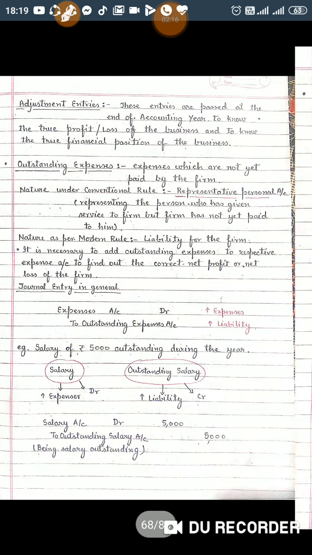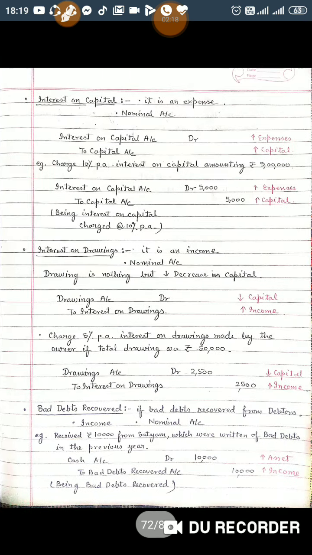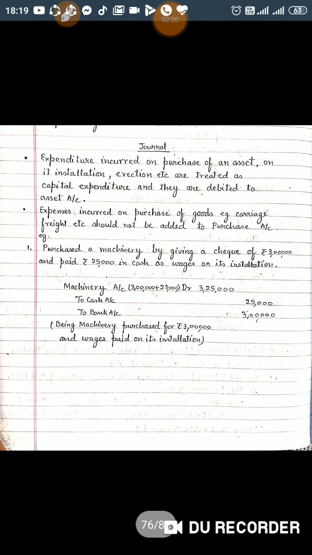So this was what we discussed yesterday, and we have also used it in understanding the adjustment entries.